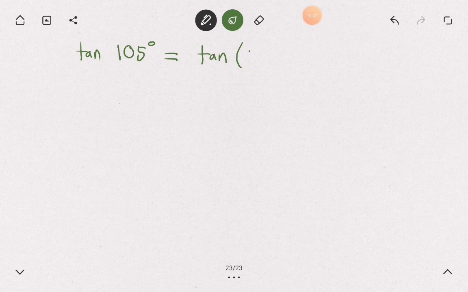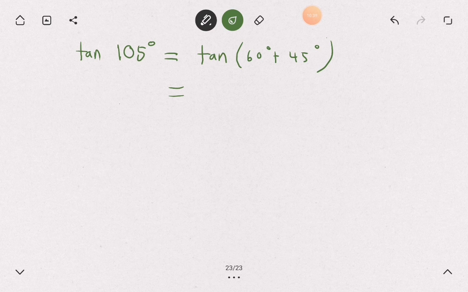This is tangent of 60 plus 45, right? And tangent of 60 and tangent of 45, as we have already done in a few videos ago, we already know without even using the calculator.